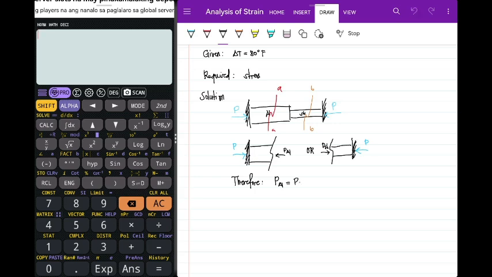So as the material expands due to thermal expansion, the internal force that manifested within our aluminum and the internal force that manifested in our steel is the same. When I say the same, the amount of internal force is equal for both aluminum and steel. Of course, this is to maintain equilibrium.